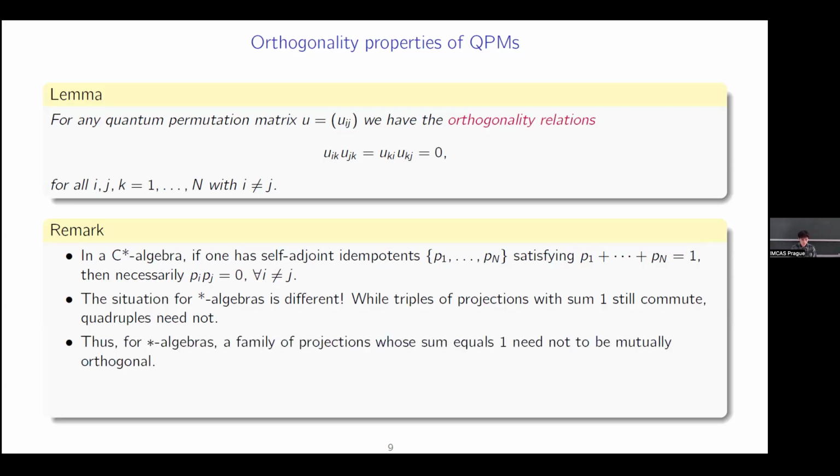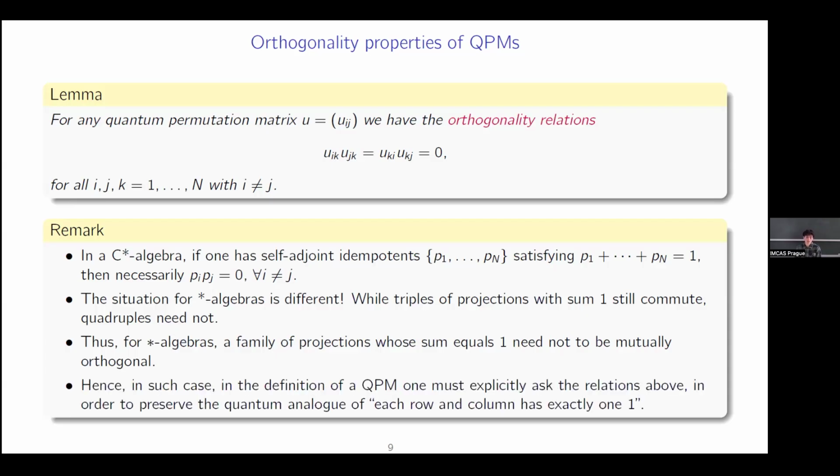So in the definition of quantum permutation matrix in the realm of star algebras, usually a family of projections need not be mutually orthogonal if they sum to 1. And this means that the result that we state here as a lemma in the general context of star algebras has to be assumed as a point of the definition, basically.